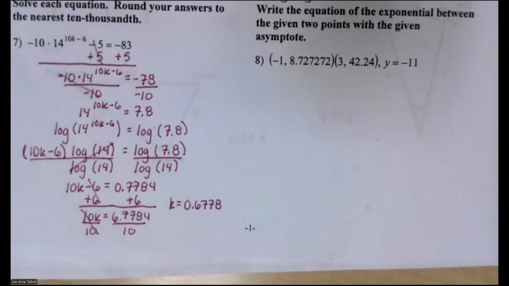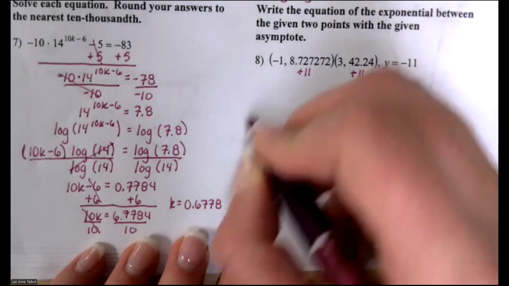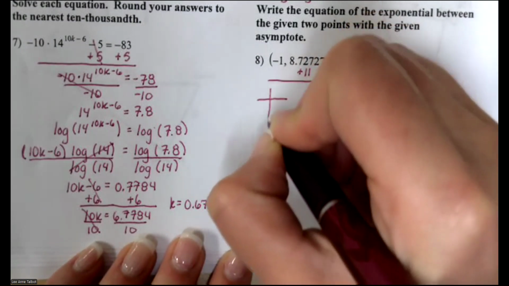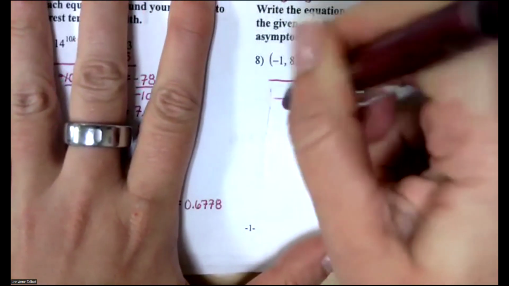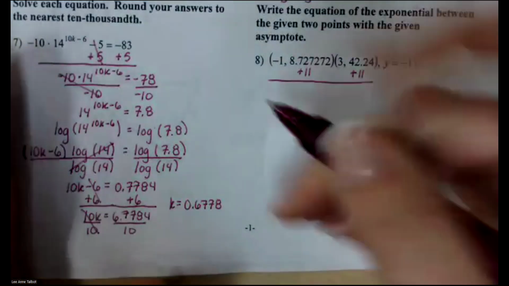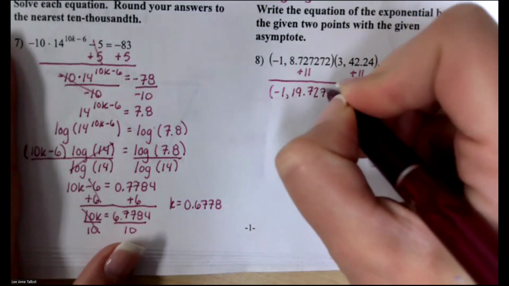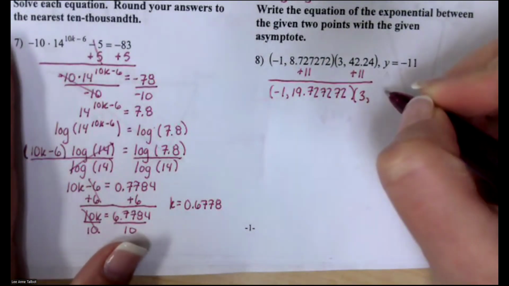Write the equation of the exponential. Okay, all right. I'm gonna do table method because I'm the laziest human being ever. If you want to do system method, you're on your own. Go ahead. Okay, so undo the asymptote, plus 11, plus 11. 53.